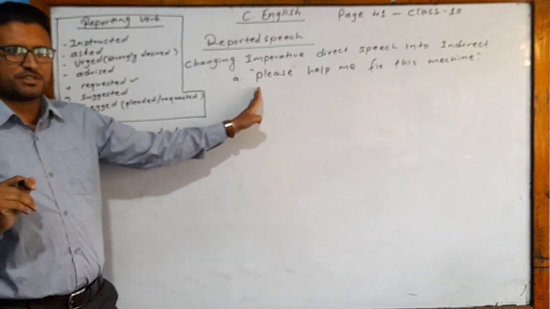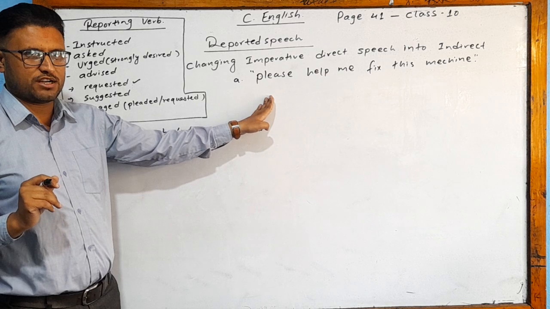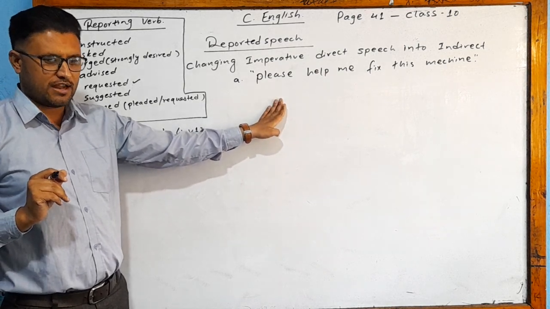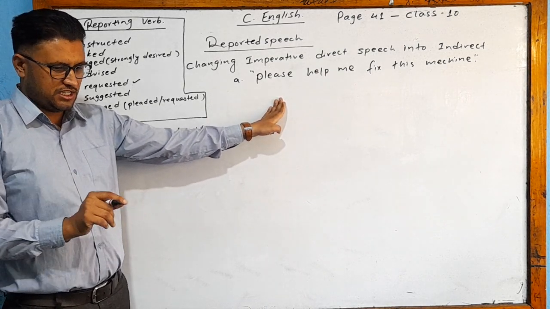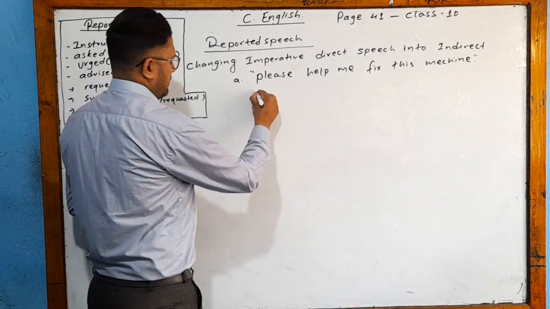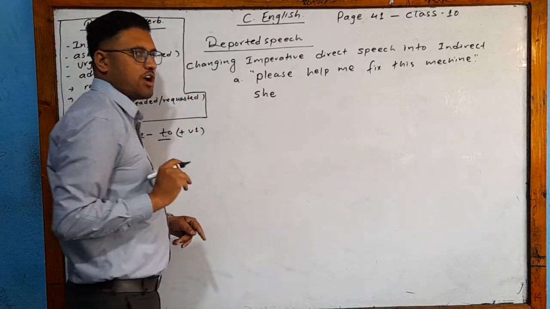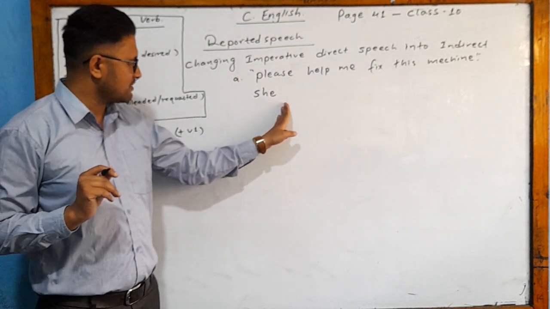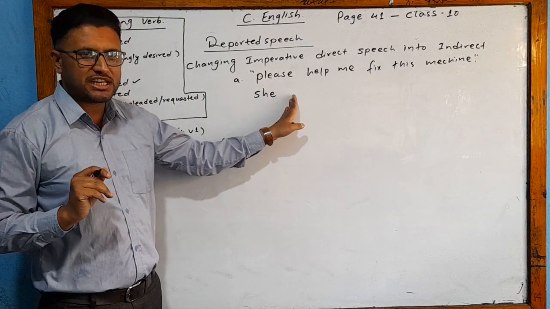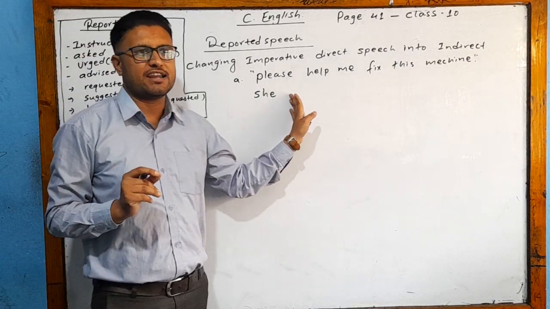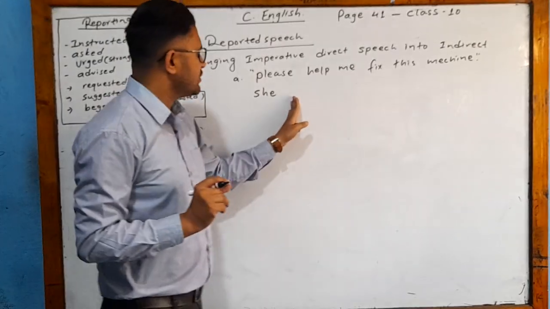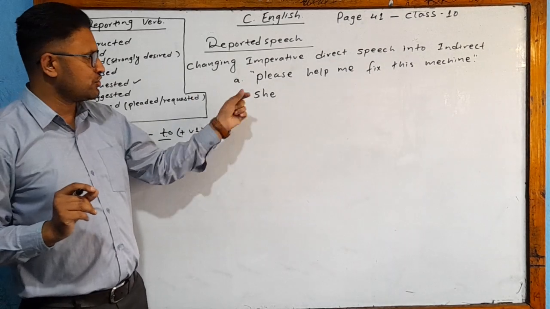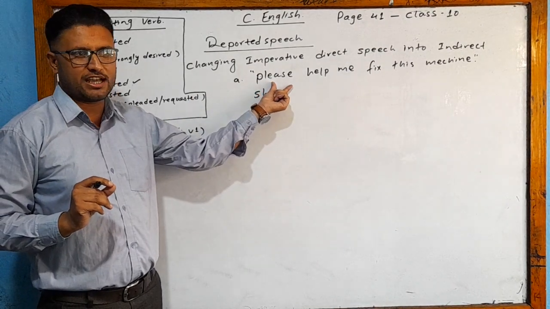Okay, look here. There is no subject in the first sentence, but you have been instructed. Write down: she. Okay, there is she as subject. As instructed to us, we can use she as subject. It is given in the second line of the question. So you should read the sentence very carefully.